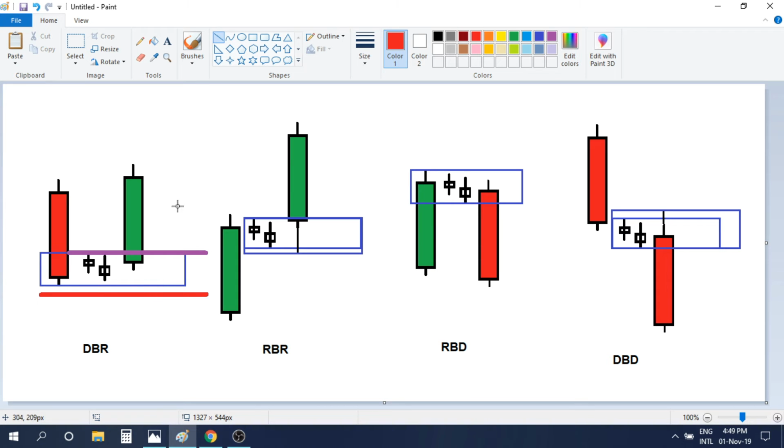They might just fake out a bit and then move out. In this particular demand zone, again, the stop loss would be slightly below the zone. And entry would be again the upper portion of the zone that you've already marked. And similarly, in this case, the supply zone, the entry would again be here.